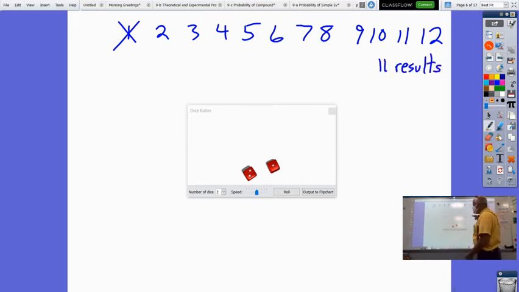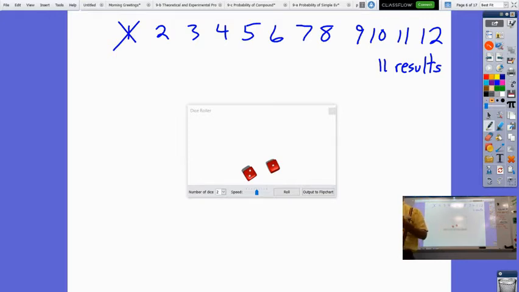What is the probability of rolling a 12 with 2 dice? 1 out of 11, you say. Why not? Is it easy to roll a 12 with 2 dice? Does it happen a lot? It doesn't happen a lot.